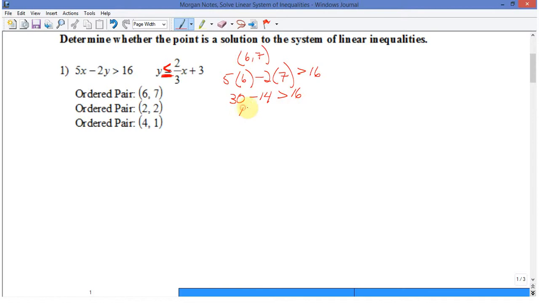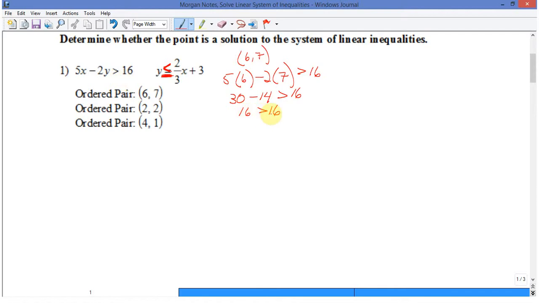I have 16 greater than 16. That's not true. So it does fall on the line, but notice that this has an inequality without an equal to sign, so we get 16 greater than 16.